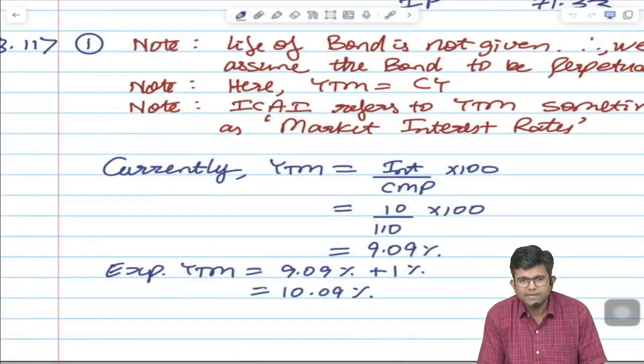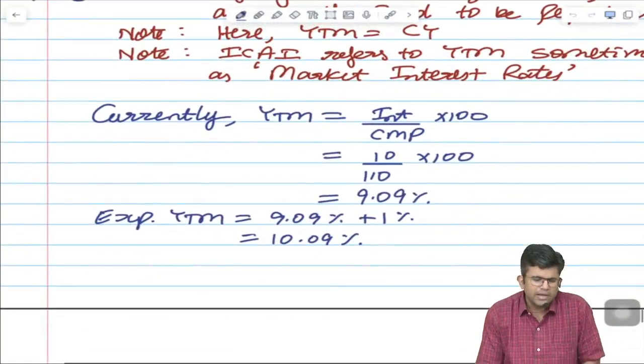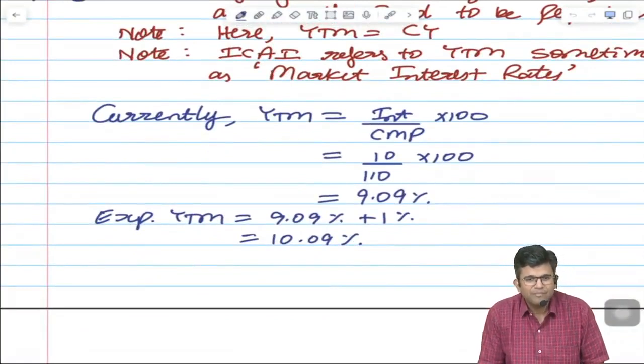Now after reading this, I want to tell you 110 is the current market price because the majority of people wanted 9.09% return.